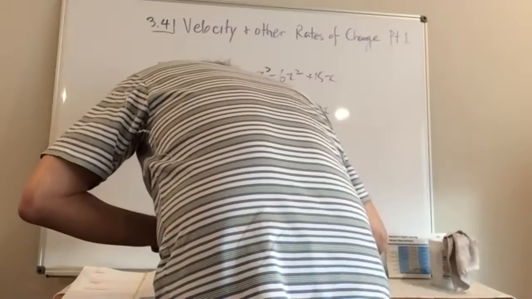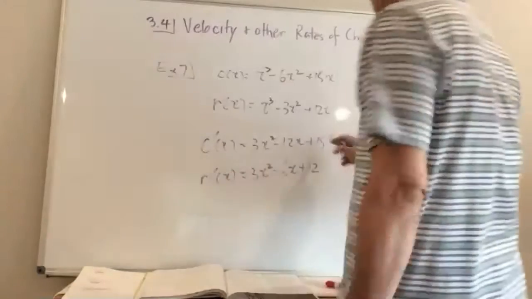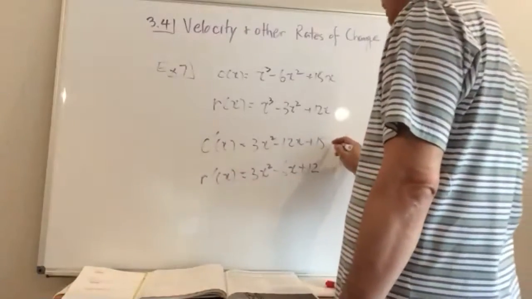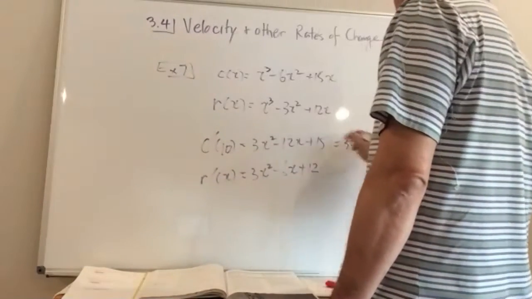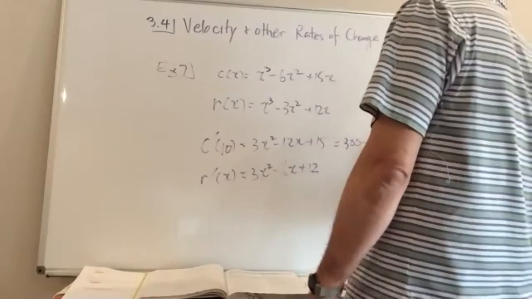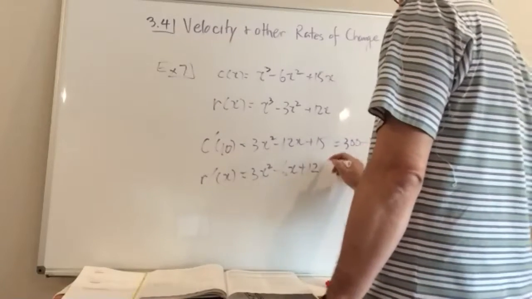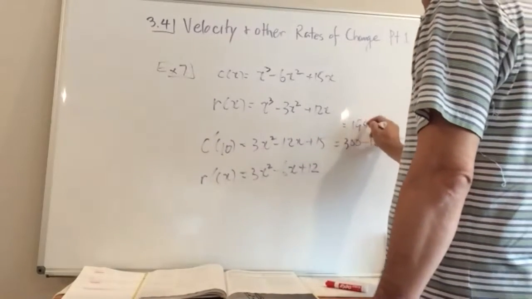Your shop currently produces 10 radiators a day. So if I put 10 into here, what am I going to get? I'm going to get 300 minus 120 plus 15. That's 180, so that's going to be 195.